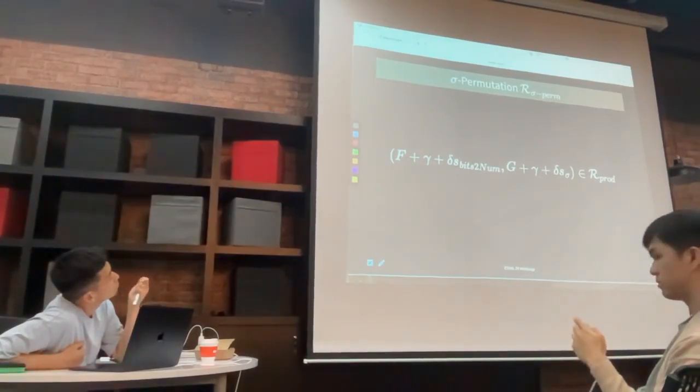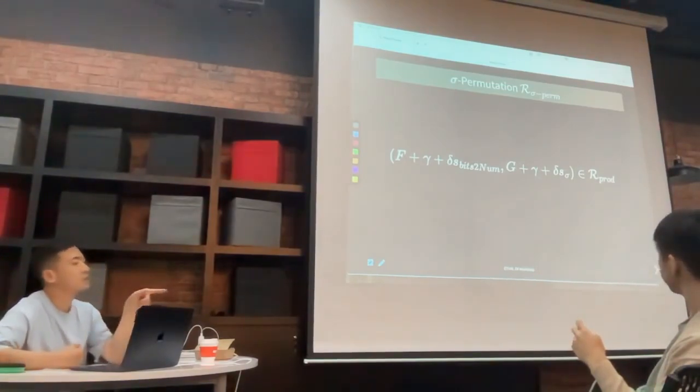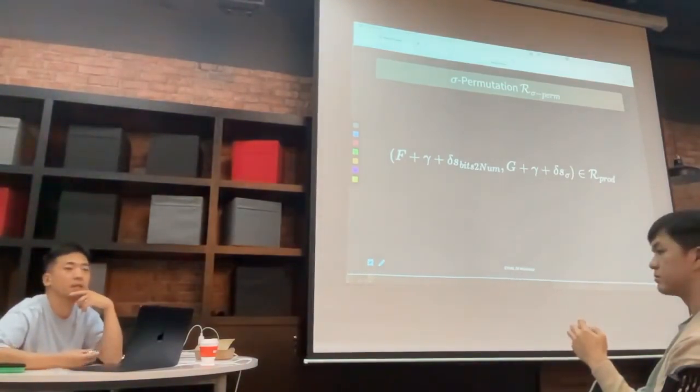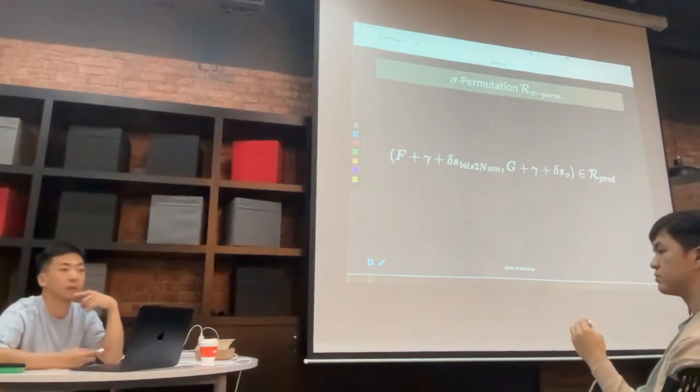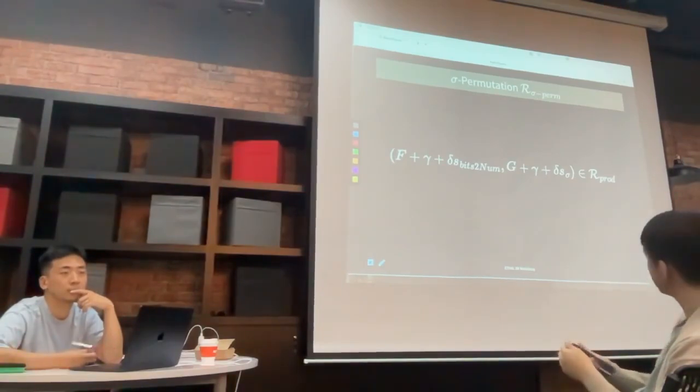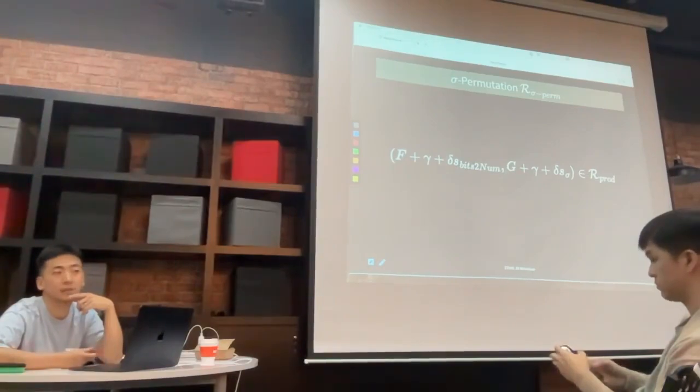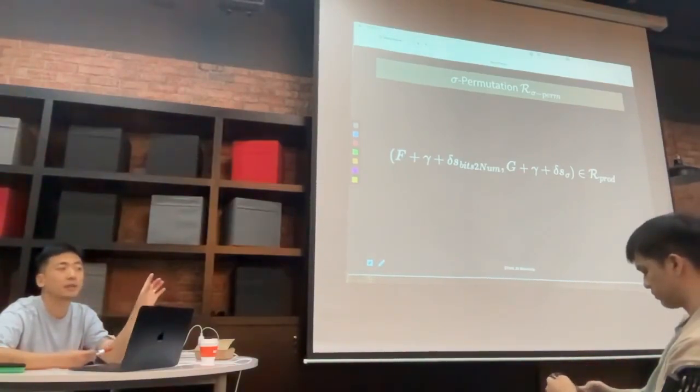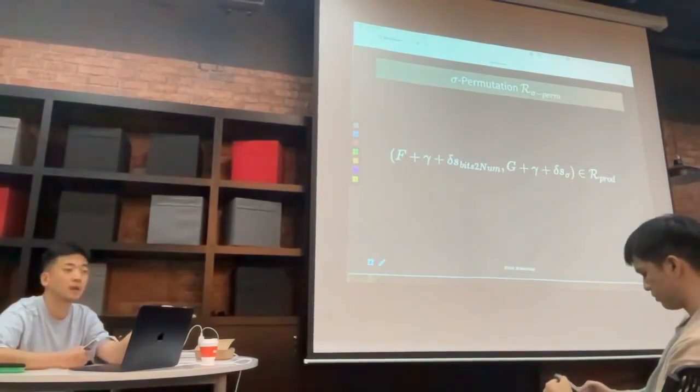You remember the technique that we used in the permutation check in the univariate polynomial. There also exists the sigma function, and the sigma function outputs another root of unity.